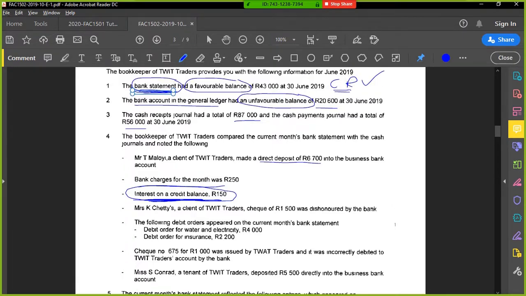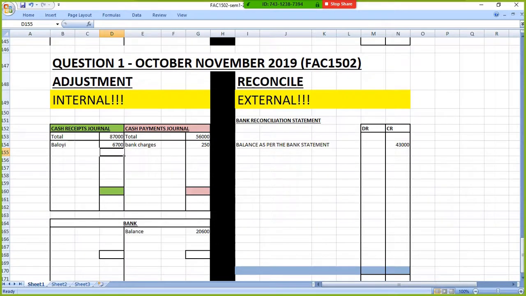Oh, we're receiving interest. Sorry, cash receipts journal. Is this good interest or bad interest? It's good interest. Yes, be careful. Remember, this is interest on a credit balance. Remember, what are you comparing? You're comparing the bank statement to your books. So this is good interest. Adjust to reconcile. Adjust. That's it.